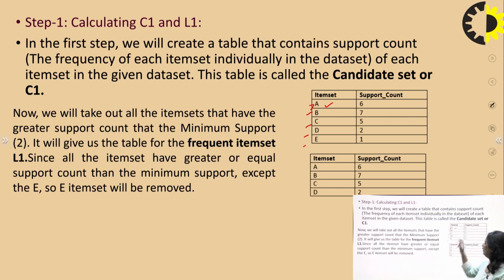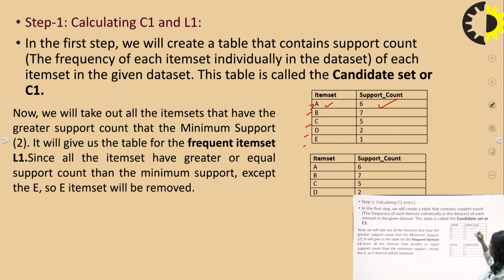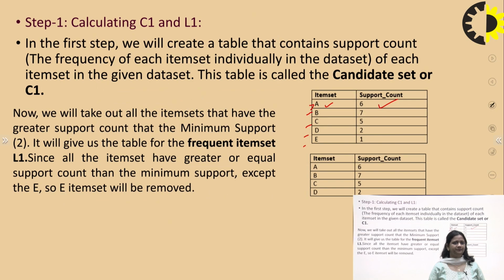The frequency of item A is 1, 2, 3, 4, 5, 6, so the support count for item A is 6. For item B, the support count is 1, 2, 3, 4, 5, 6, 7, so the support count is 7.